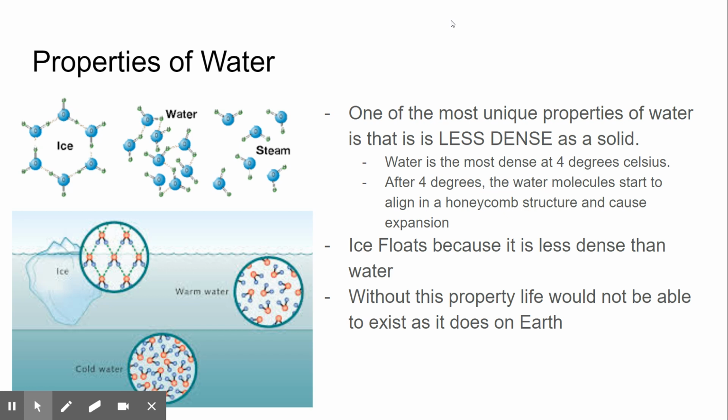Next property of water. One of the most unique properties of water is that water is actually less dense as a solid. It's weird to think about, but pretty much everything else is going to be more dense as a solid, because as something cools down, the particles get closer and closer together, eventually stop moving, and become more dense than they would be in liquid form.